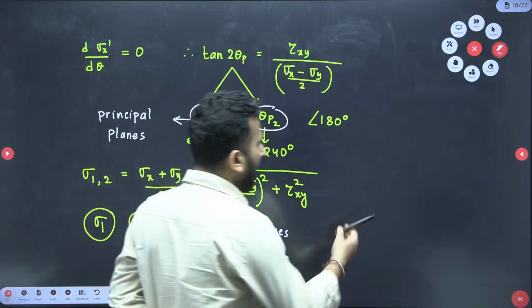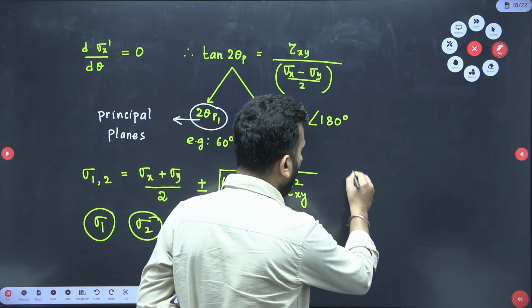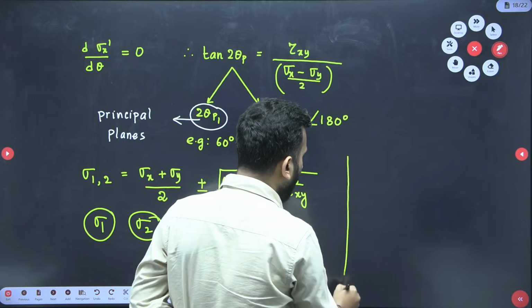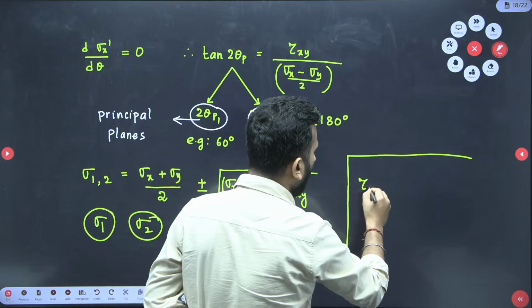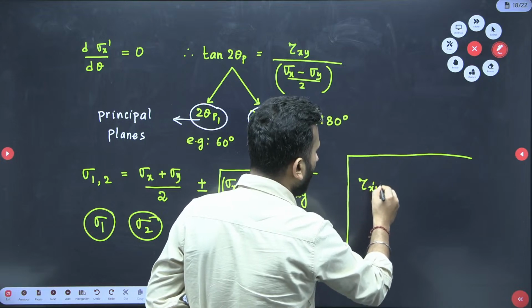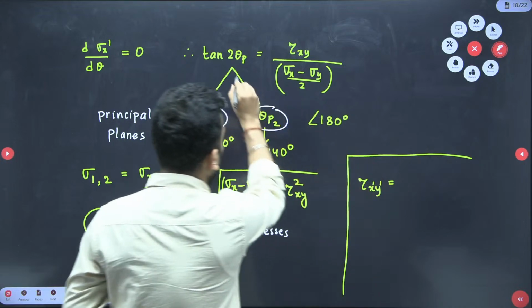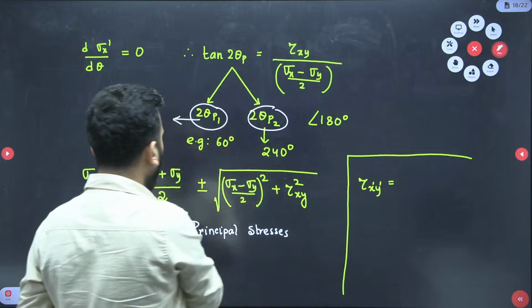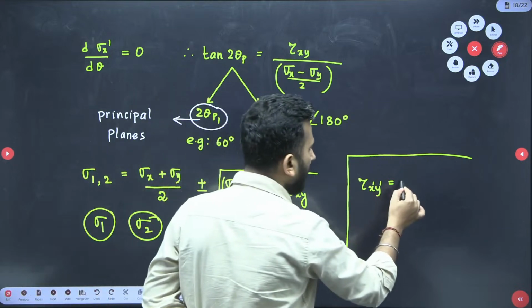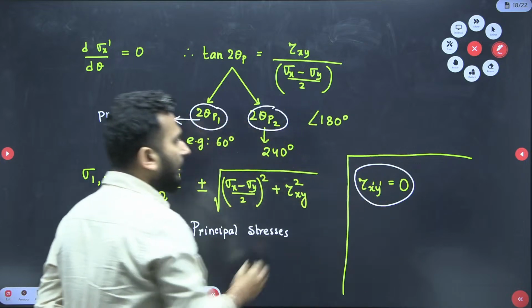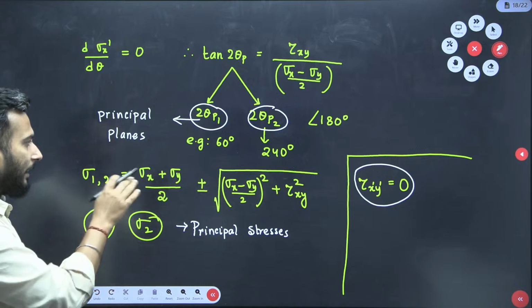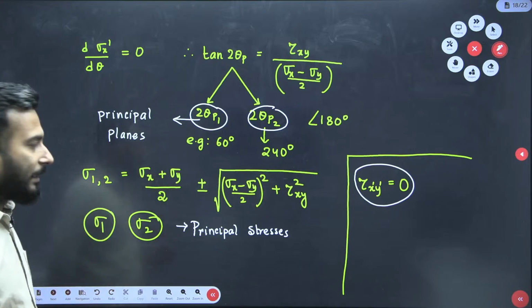One more thing we have observed, that the value of tau x dash y dash with respect to this theta plane, that is on the plane of principal stress, was coming out to be 0. So this is an observation. All these are observations and we are simply analyzing the results.